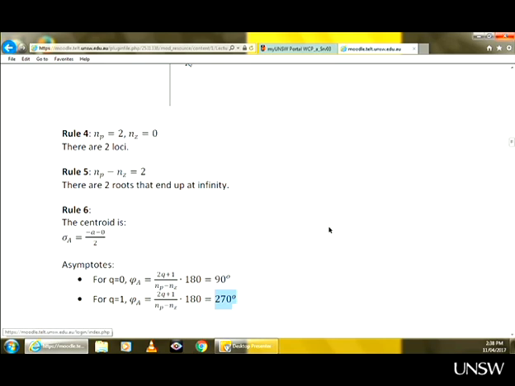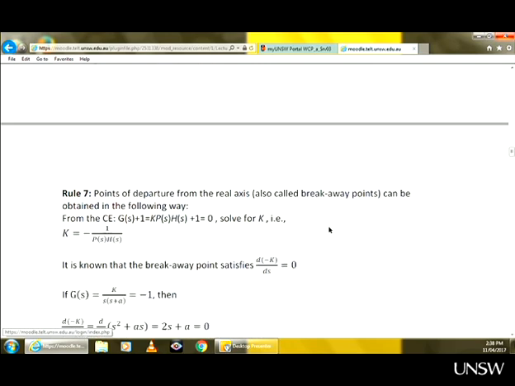That particular point, when they meet, is called the breakaway point, or you can also call it departure point, where the root locus departs from the real axis, or breaks away from the real axis. So we are now introducing rule 7. Where is that breakaway point?